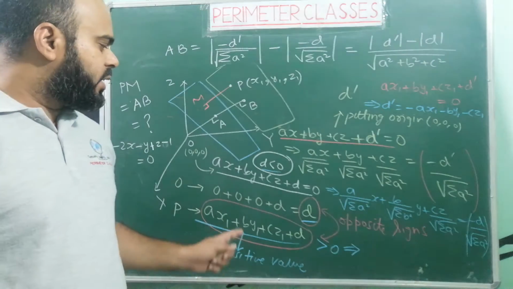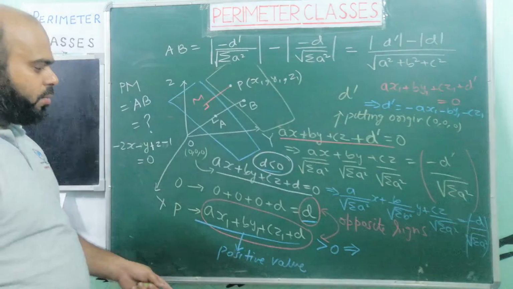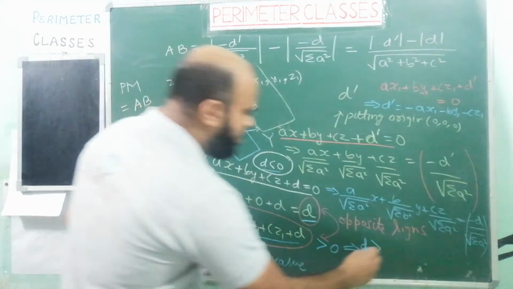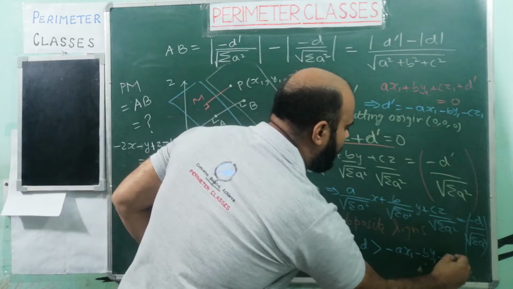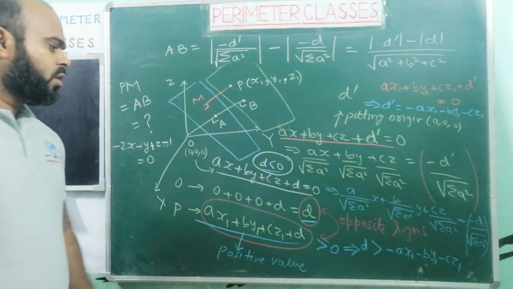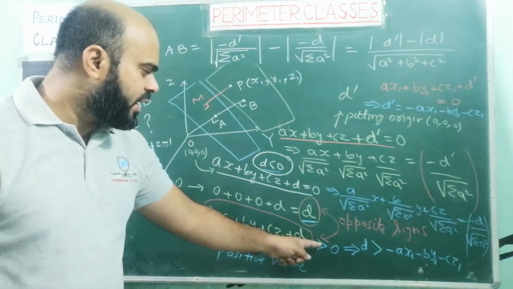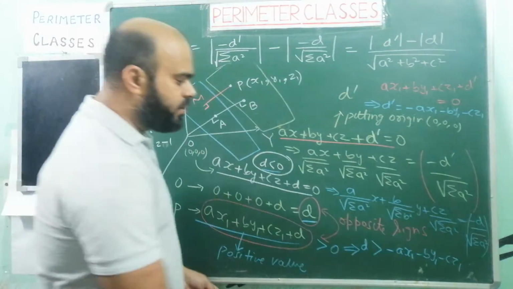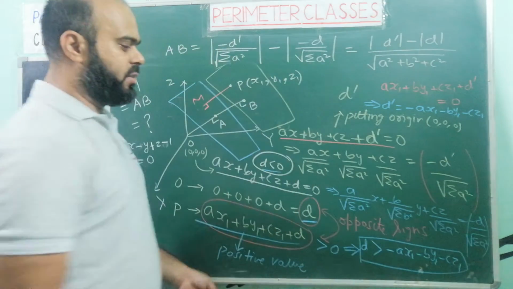In order to decide the sign of d dash, we can say that d is greater than minus ax1 minus by1 minus cz1, because I am taking this whole as positive. So we can say that d is greater than the rest of the quantity when taken on the right hand side.